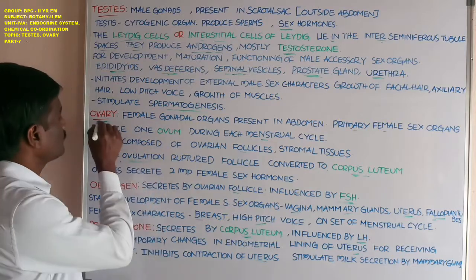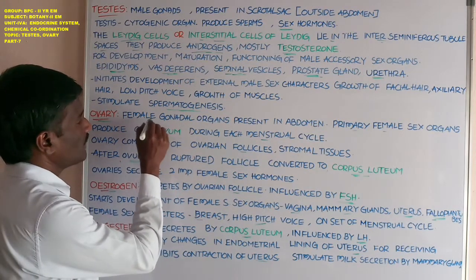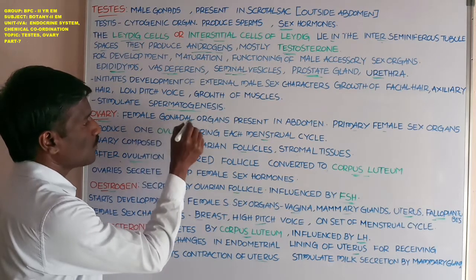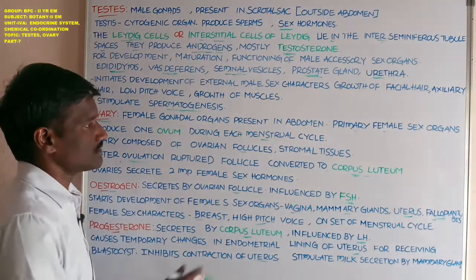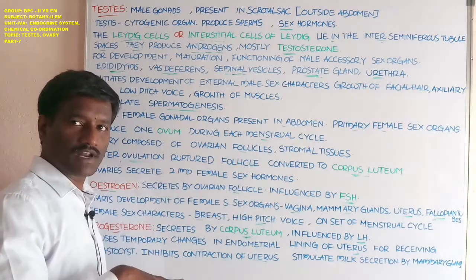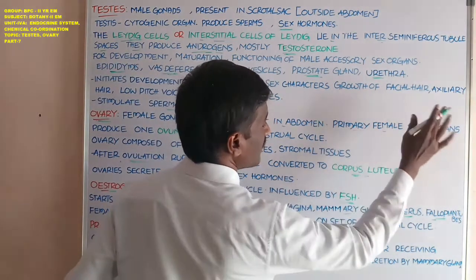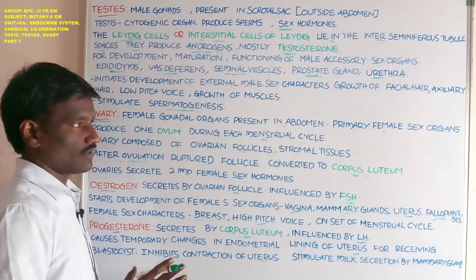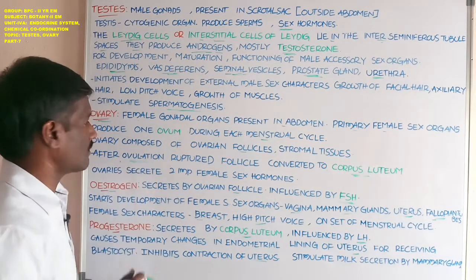Next, the ovary. Ovaries are female gonadal organs located in the abdominal cavity. They are also called primary female sex organs.